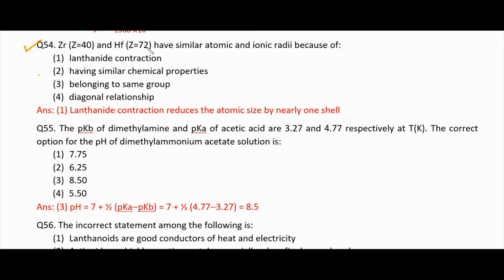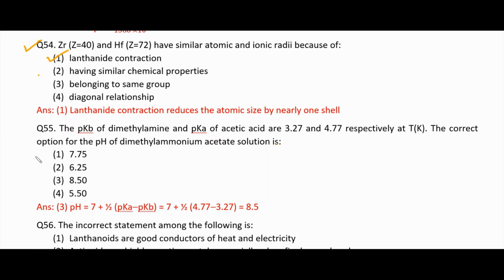Due to lanthanide contraction, elements in the second and third transition series exhibit similar atomic radii. So the correct option is 1, because lanthanide contraction reduces the atomic size by nearly 1 shell.